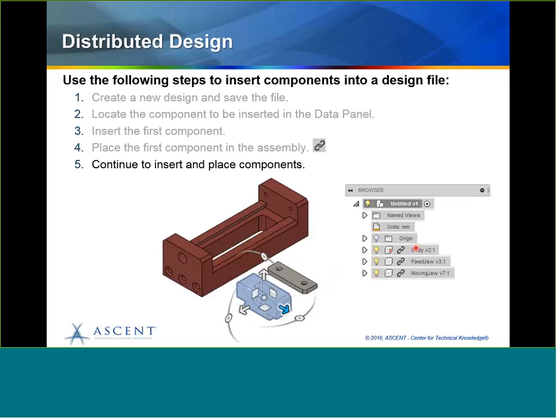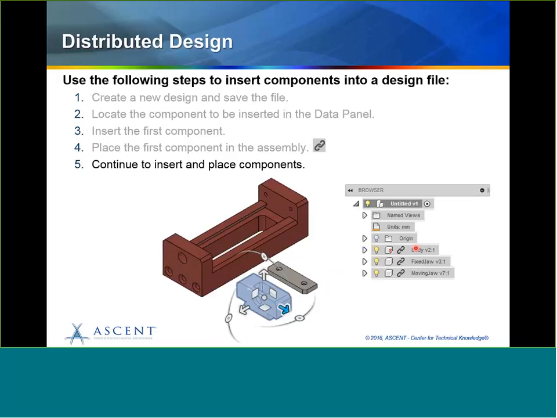And then you simply continue to insert and place your components. So I'm going back to my data panel, finding more components, and bringing them in. You're placing them and moving them into position. When a component comes in, it's aligned with the default coordinate system, so often it's just overlaying everything on top of one another. This is where that move comes in really handy.